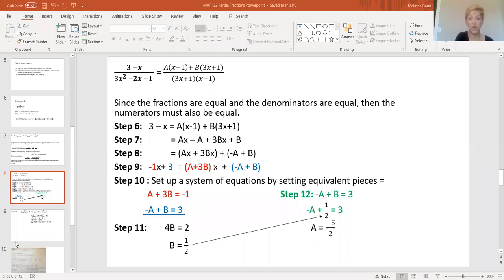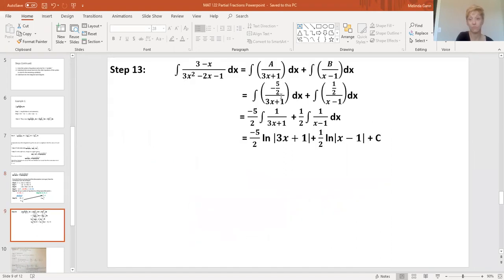Now I'm going to substitute in my -5 halves for A, and I'm going to substitute in my 1/2 for B. So my -5 halves went back in place of A, and my 1/2 went back in place of B. So I did all that algebra to figure out what number A was and what number B was equal to. Well, then look, this is simple.